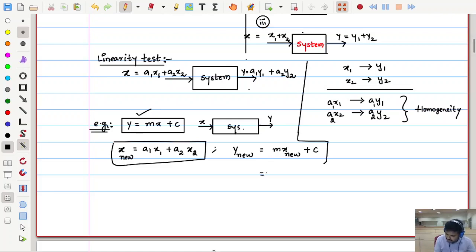Now let us substitute. m times x new, where x new is a1 x1 plus a2 x2, plus c. Now can I write this as a1 times mx1 plus a2 times mx2, plus c?